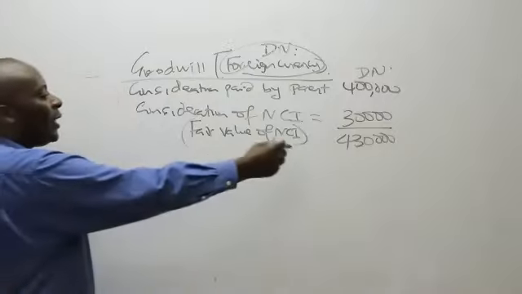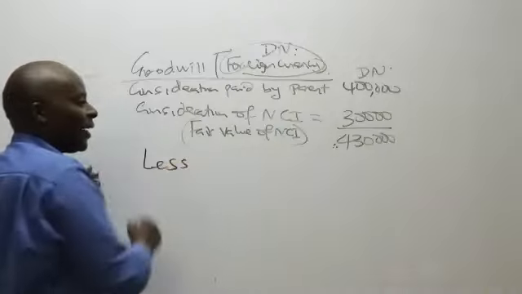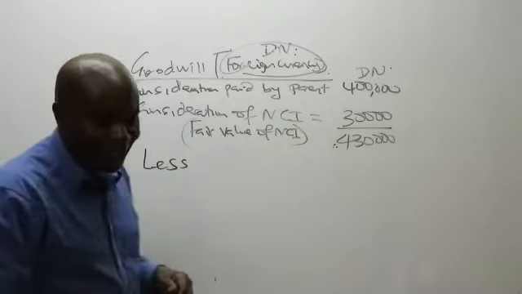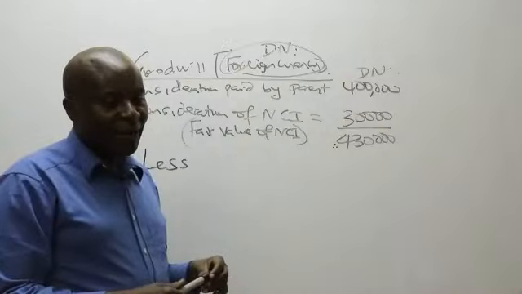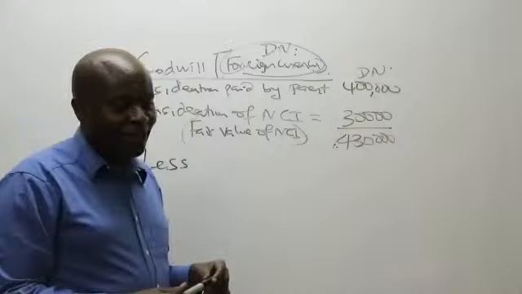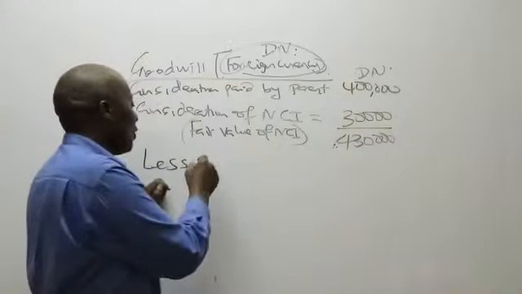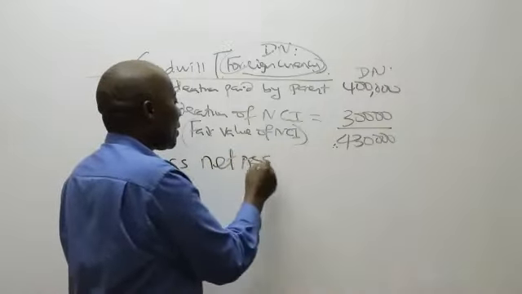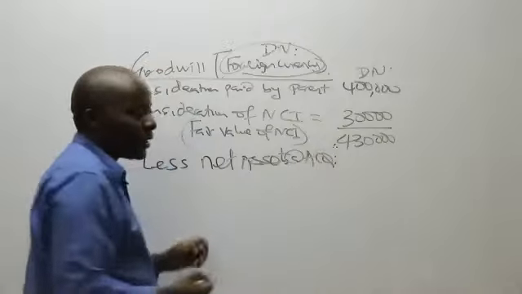So once I get this total consideration, I should come here and say less what? Less net assets at acquisition. Thank you very much. Are you able to remember the net assets at acquisition?